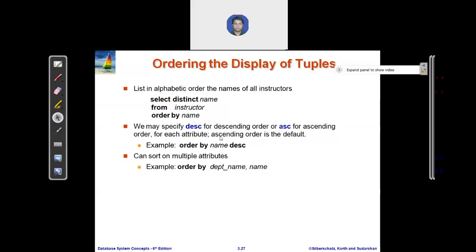Okay, if you want to change the order to ascending or descending, you just add the keyword desc or asc. Order by name in descending order or ascending order, you can mention here. As you can see in the example, order by department name and name. First it will order your resultant table by department name.